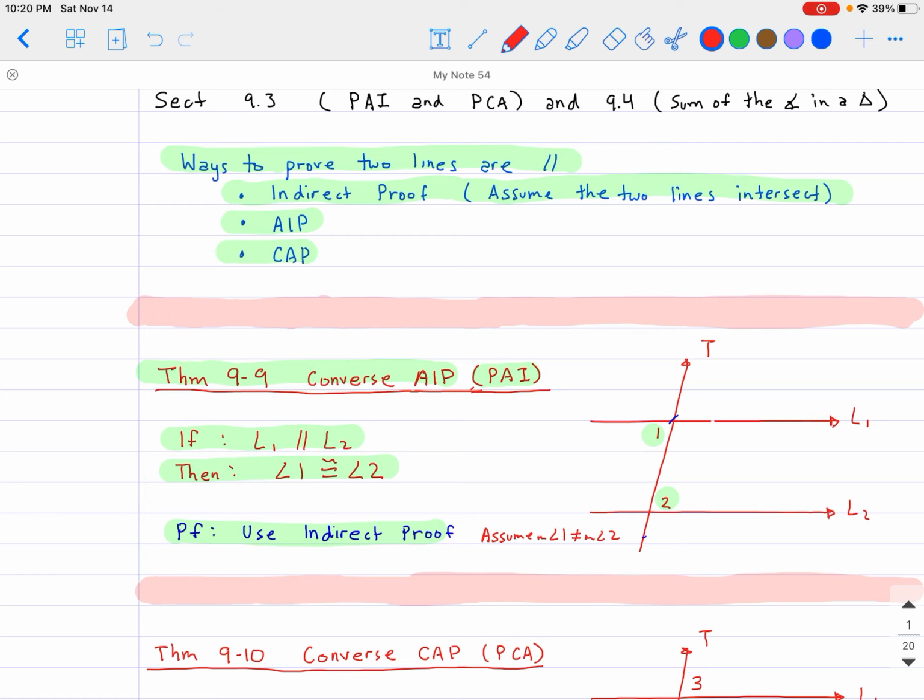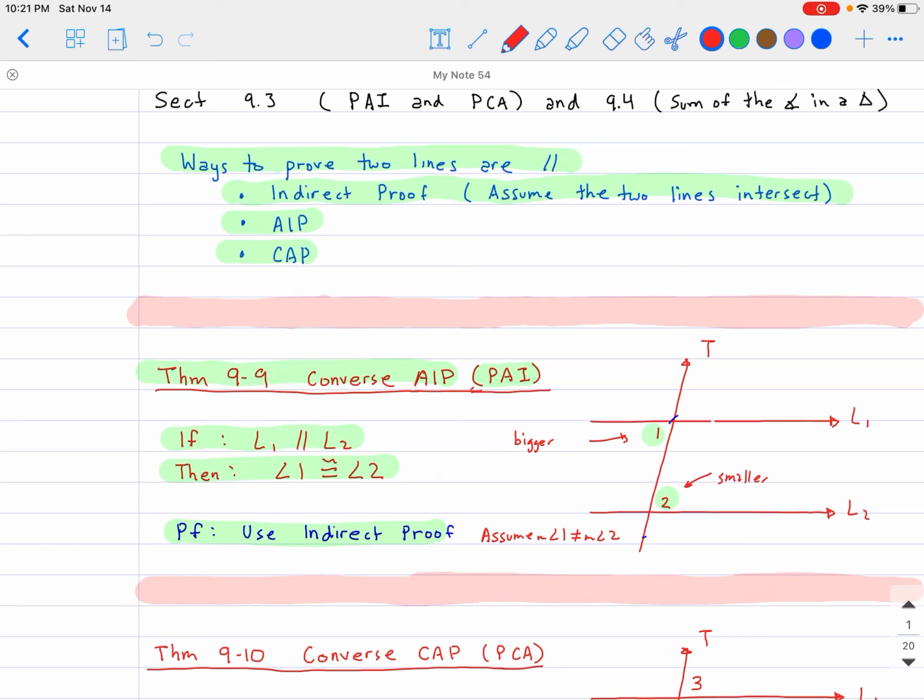Now, according to trichotomy, if they're not equal to each other, then one is bigger than the other, or one is smaller than the other. So it's always going to be one of those. So let's just say that for the time being, angle 1 is going to be bigger. So over here, let me just write that. So this is going to be bigger, and then that means that angle 2 is going to be smaller.